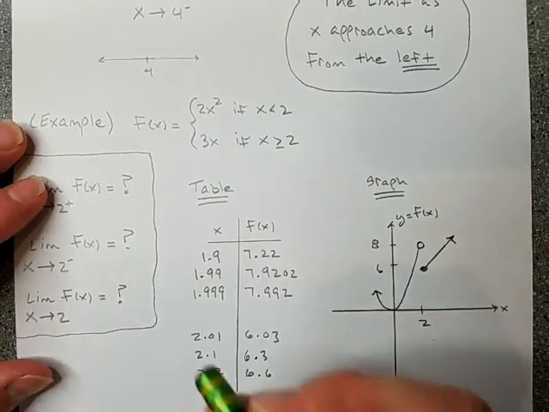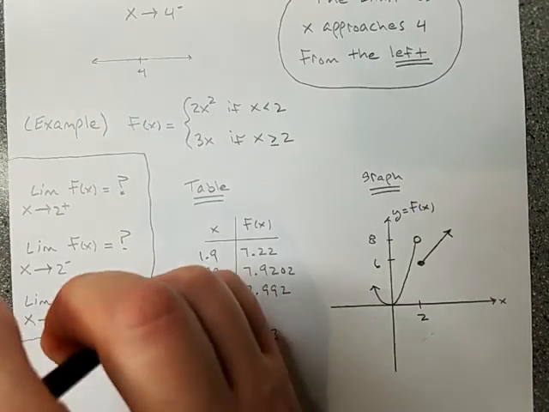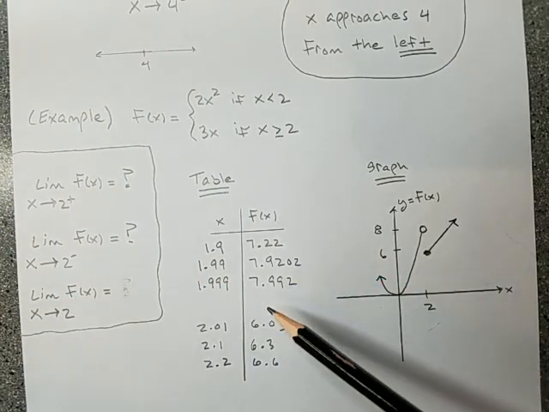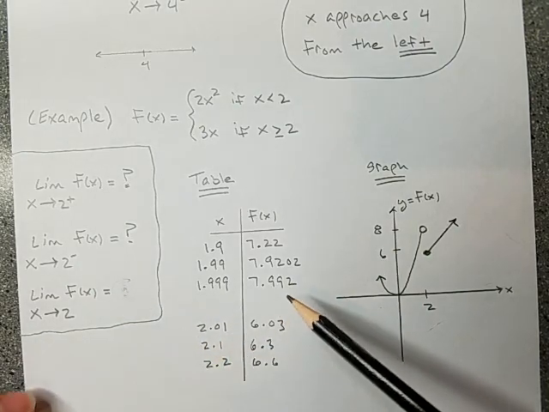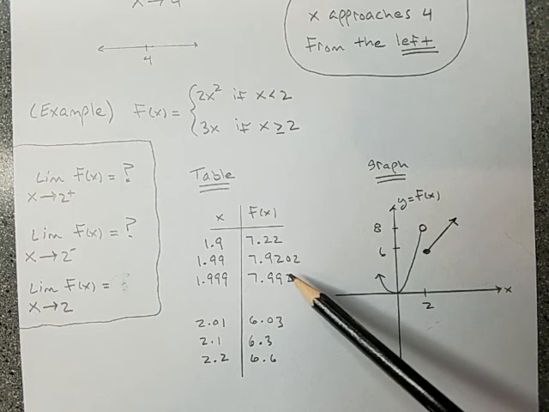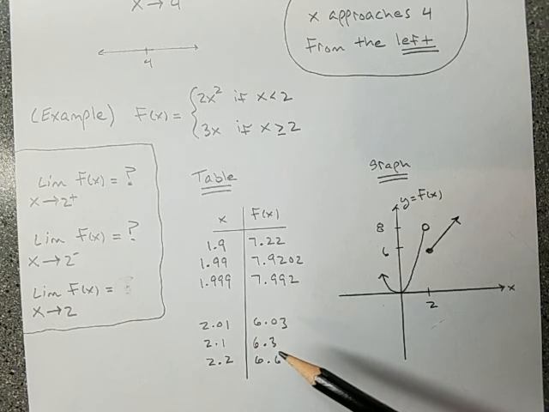So let's do this one first. Let's do the limit as x approaches 2. What would you say the limit as x approaches 2 is? Well, here's what we said in the past about this. Does it look like these are going to meet in the middle? Here, this is headed to 8, it looks like, and this is headed to 6. It doesn't look like they're going to meet in the middle to me.